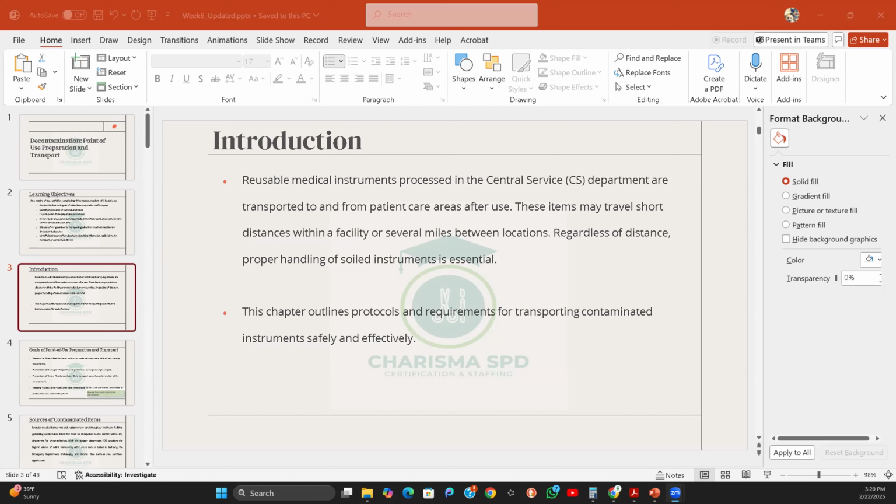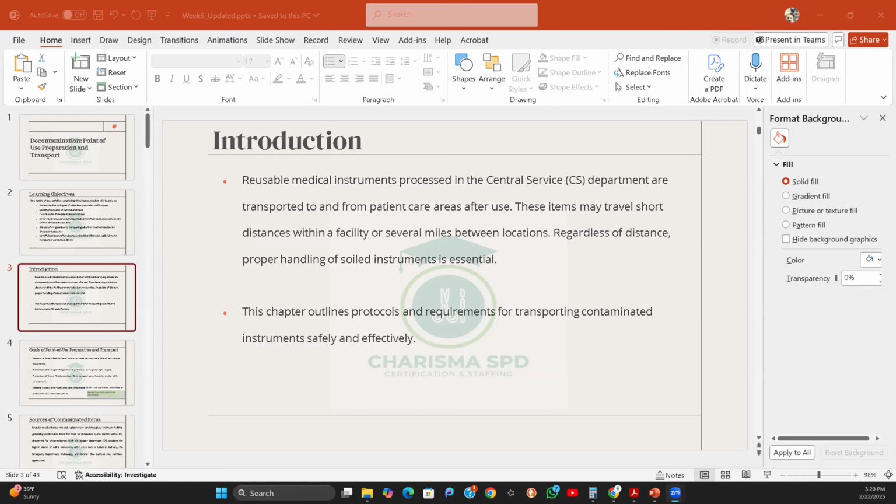So, as central sterile technicians, our main customer is the operating room. The operating room cannot function without the central sterile technician playing a major role or a key part in it.